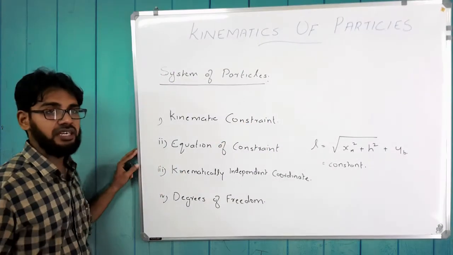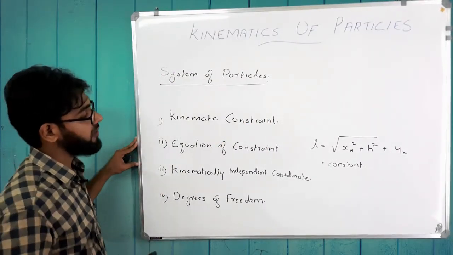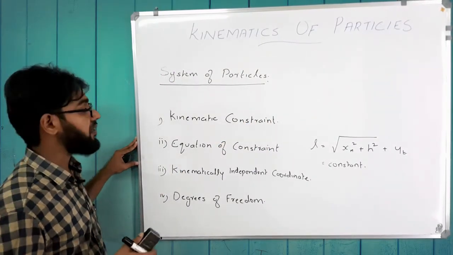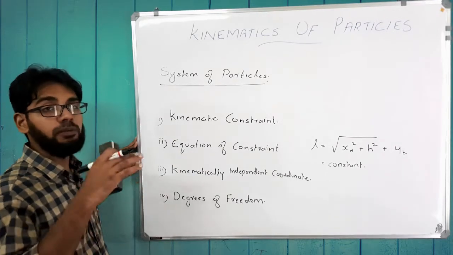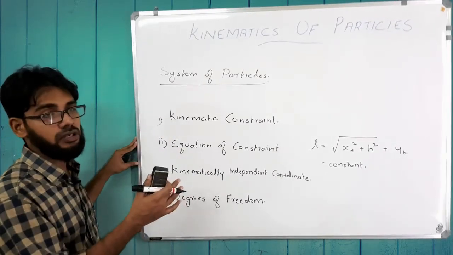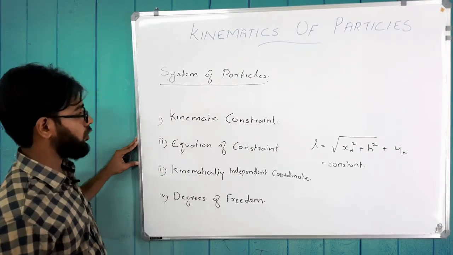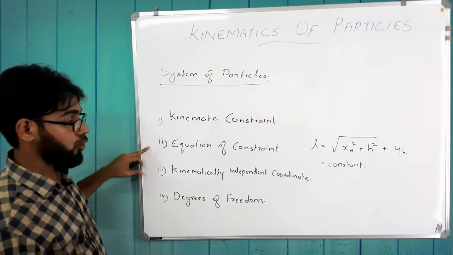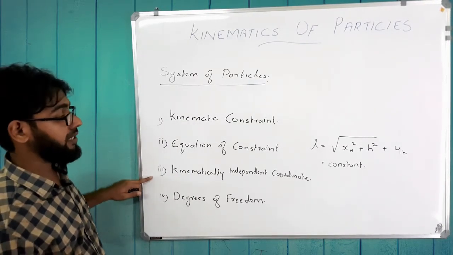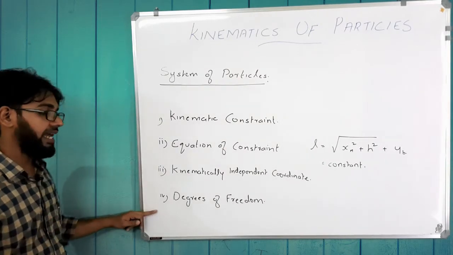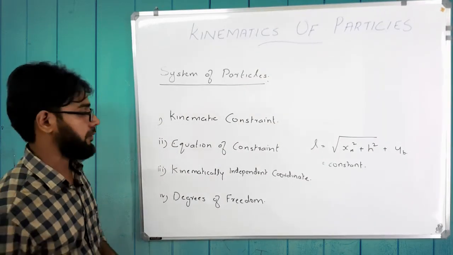What I have discussed here are some of the terms that come up when we discuss the motion of a system of particles: constraint motion, kinematic constraint, equation of constraint, kinematically independent coordinate, and degrees of freedom.